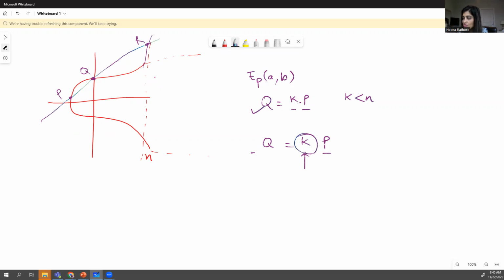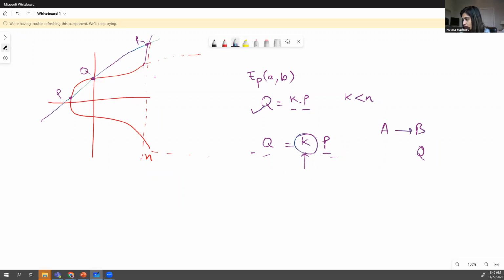And that's what is called the discrete logarithmic problem for elliptic curves. A to B is easy, which in this case is when K and P values are given, then it is easy to compute the value of Q. But when Q and P are given, it is hard to compute the value of K. That's what the trapdoor function says.